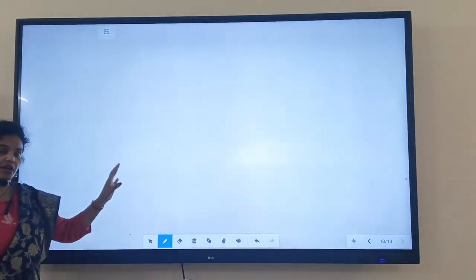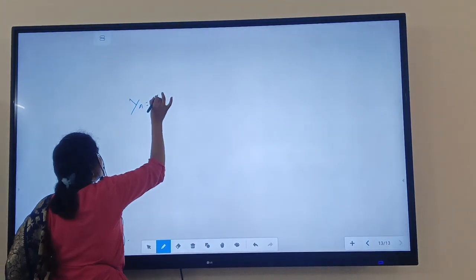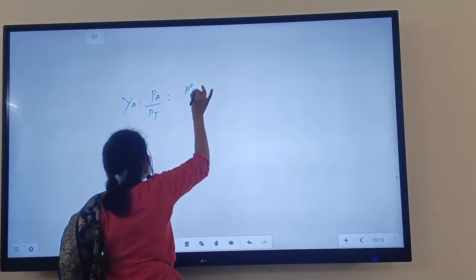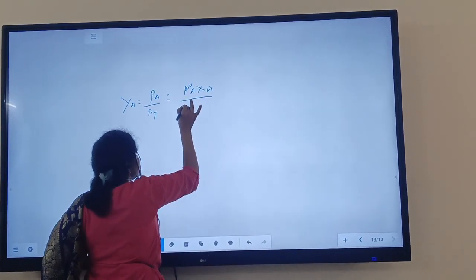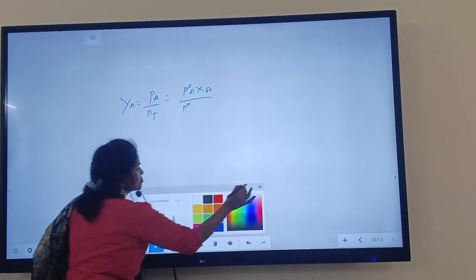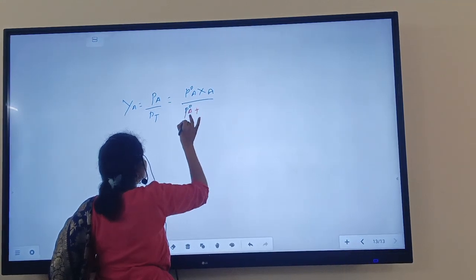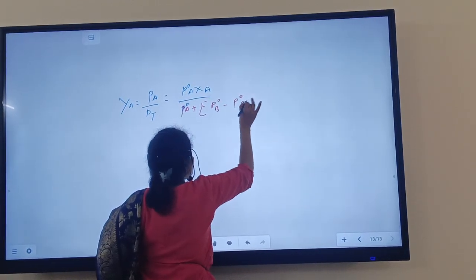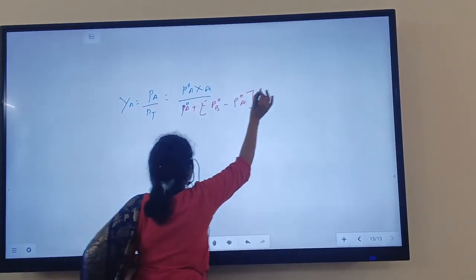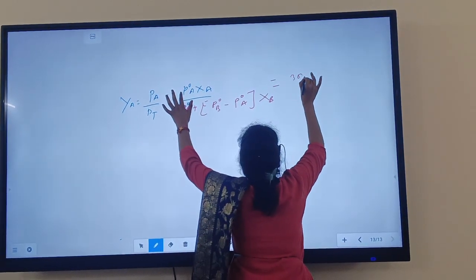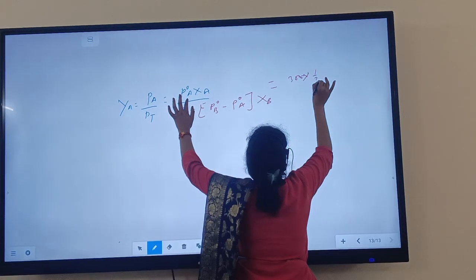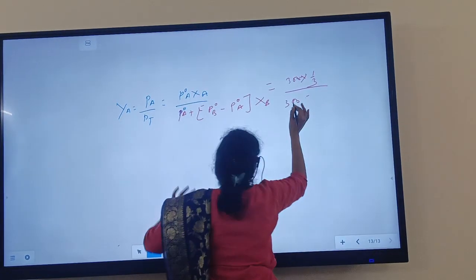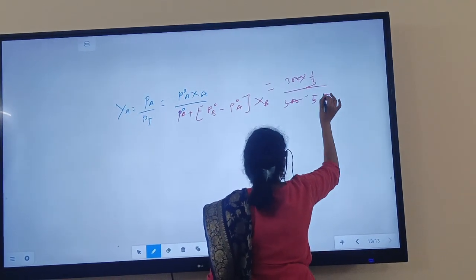Okay, we have to find the component in vapor phase. Y is equal to P upon Pt. Means P naught A into Xa upon Pt. Put the value here. P naught A was 300 into Xa 1 by 3 upon Pt. Pt is given 500 in the question.